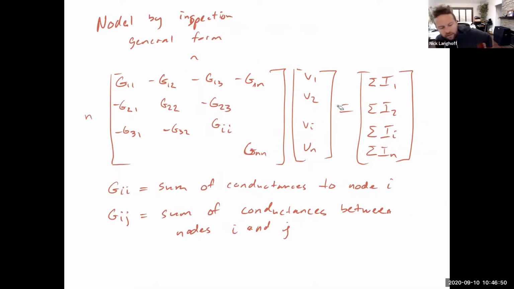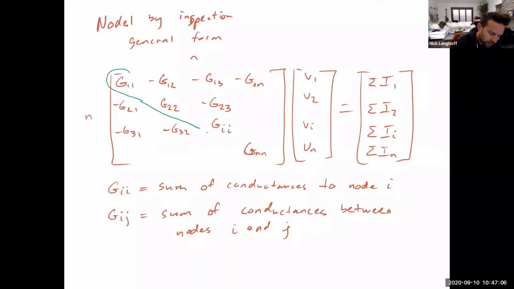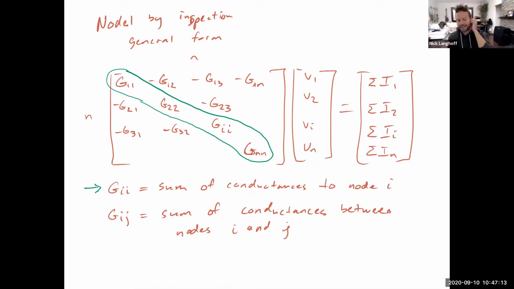Nodal analysis by inspection, the general form is that along the diagonal in the coefficient matrix, I'll do it with the same colors I was using on the last slide, you put the sum of the conductances into that node.